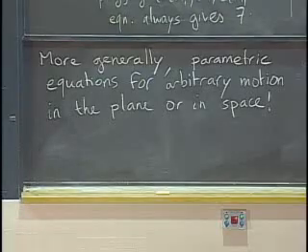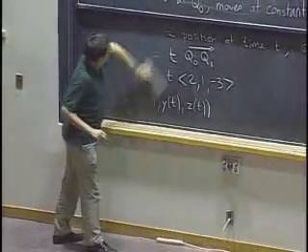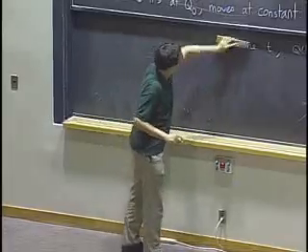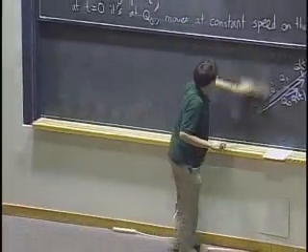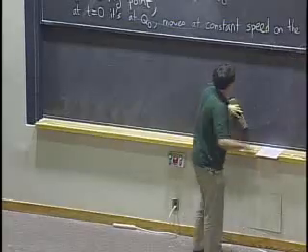Let's take a famous curve called the cycloid. And the cycloid is something that you can actually see sometimes at night when people are biking, if they have something that reflects light on their wheel.